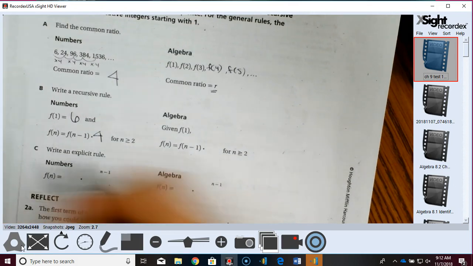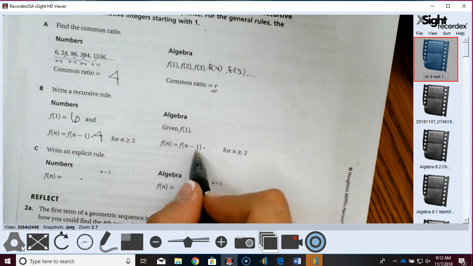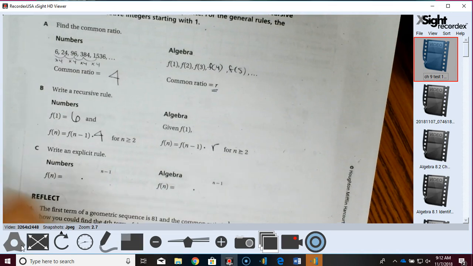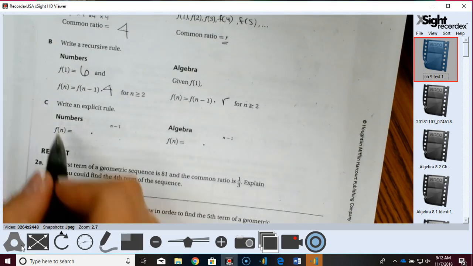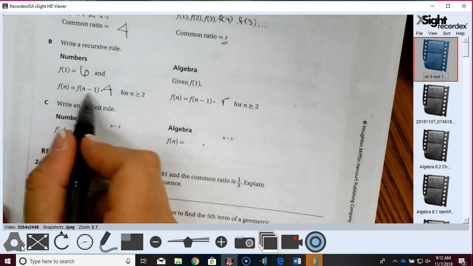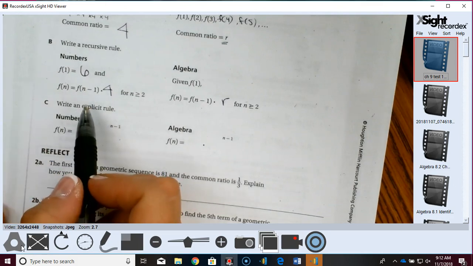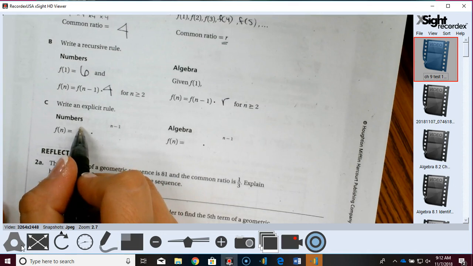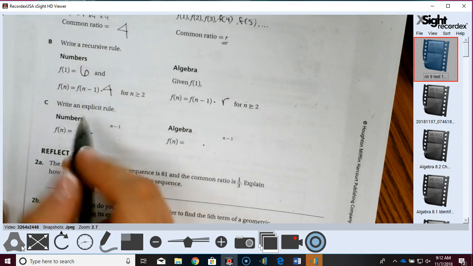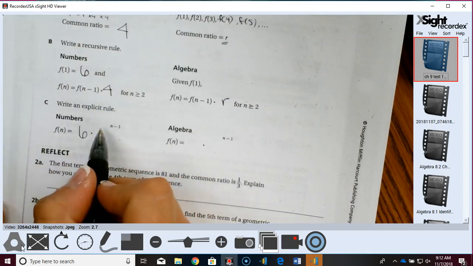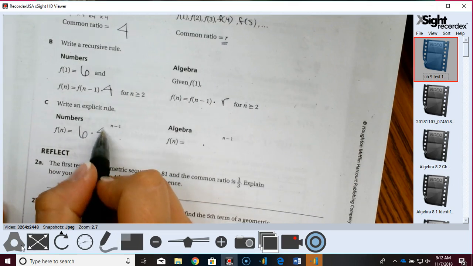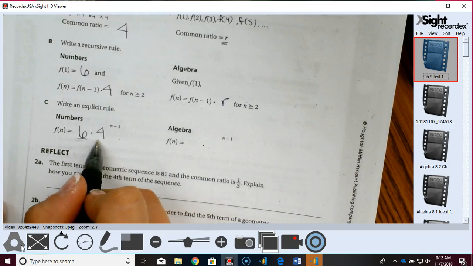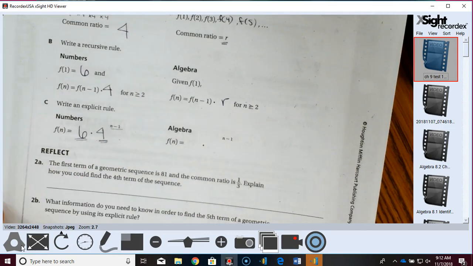Now write an explicit rule. What is n minus 1? So we're going to go with the first term, 6, times 4 to the n minus 1. So your first term times your common ratio to the n minus 1.